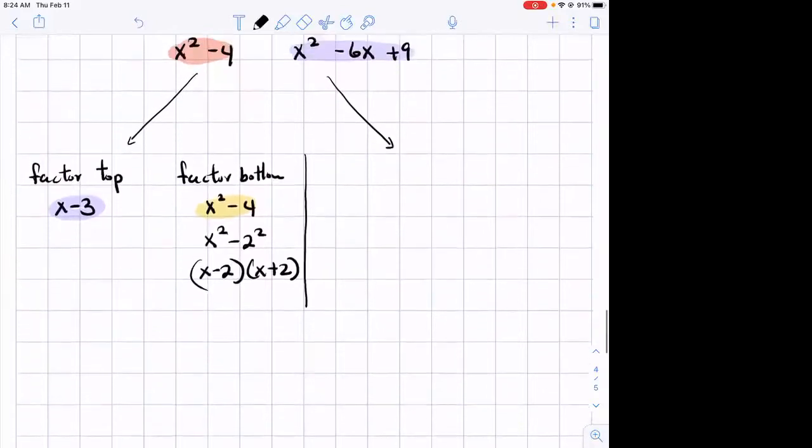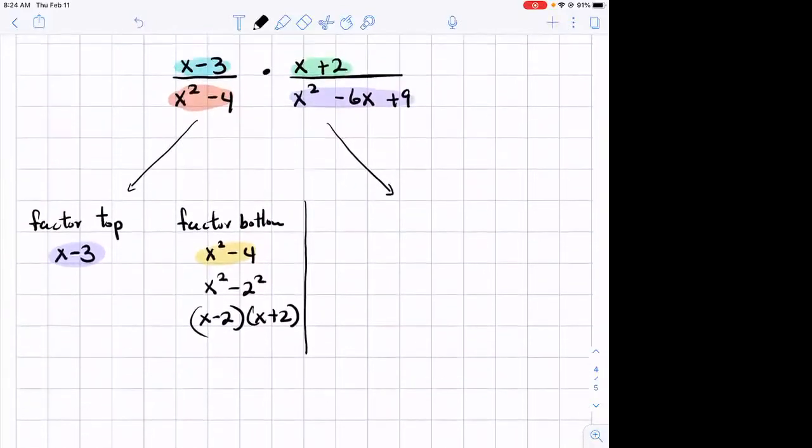So we do the same thing for the right side. Can we factor the top? And can we factor the bottom, which is x squared minus 6x plus 9?